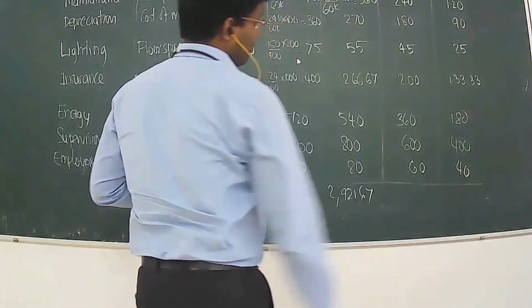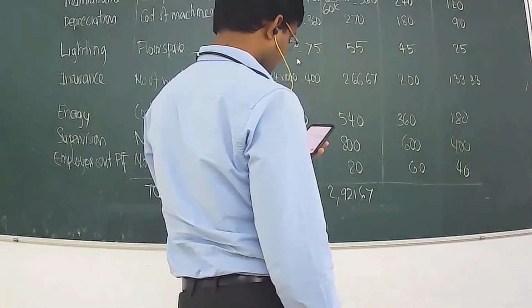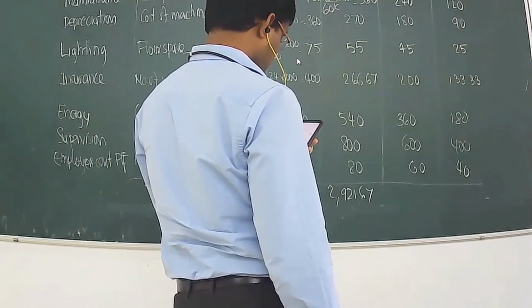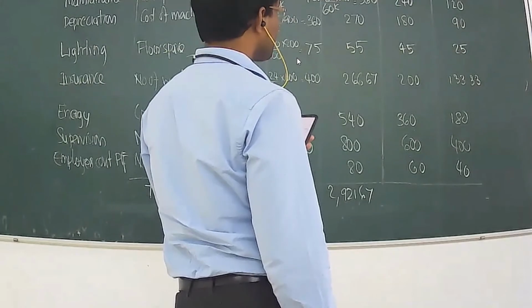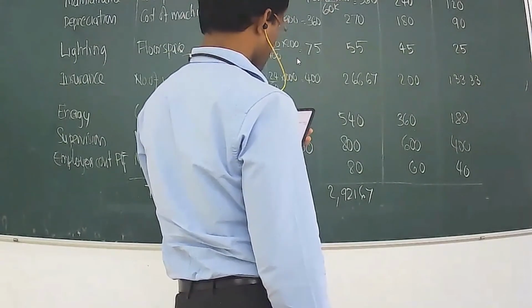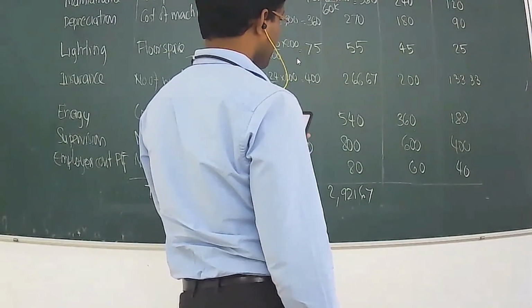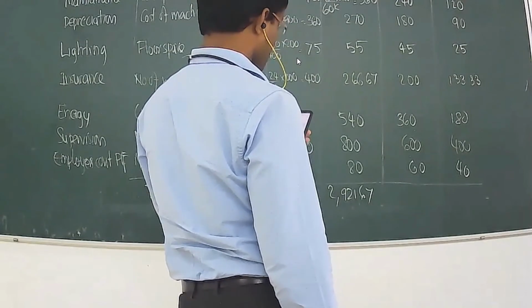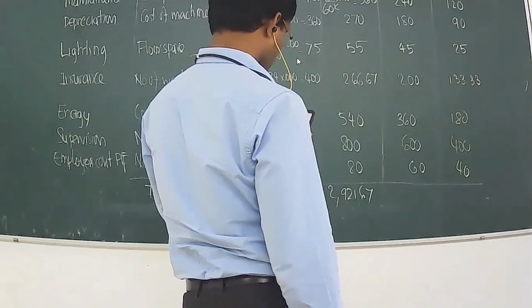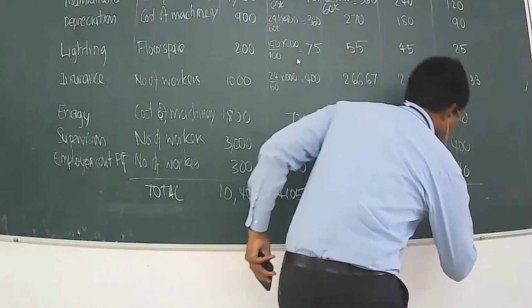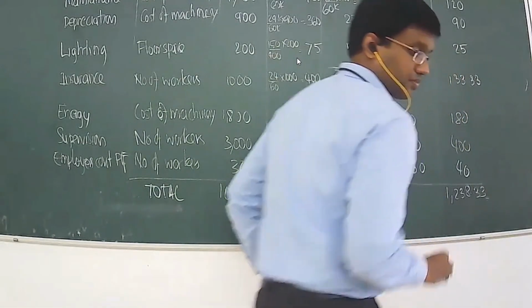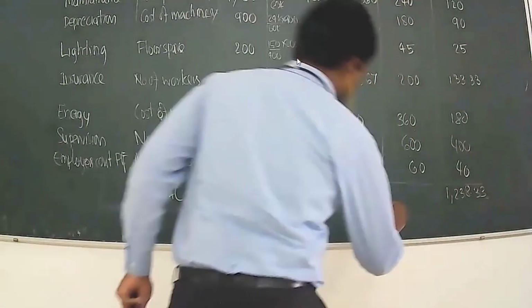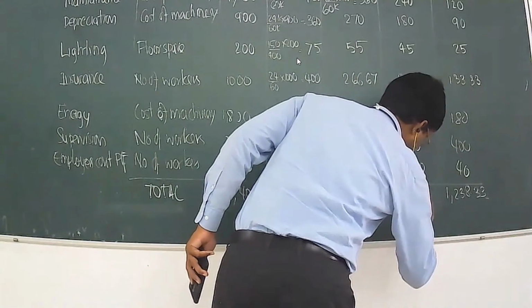Can someone quickly help me with this? In the meanwhile, I'll just calculate the last one. 250 plus 120 plus 90 plus 25 plus 133.33 plus 180 plus 400 plus 80 is 1238.33. And here the answer is 2135.